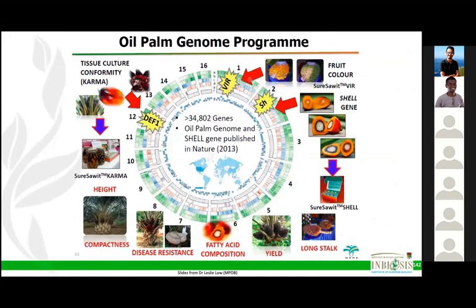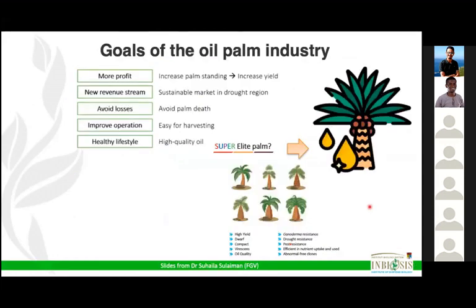For example, the virescens gene related to fruit color, the shell gene for kernel oil, and then you have the karma gene related to epigenetic deformation of the culture. So these three are already applied for diagnostics to save a lot of losses. And there are other traits actually ongoing.